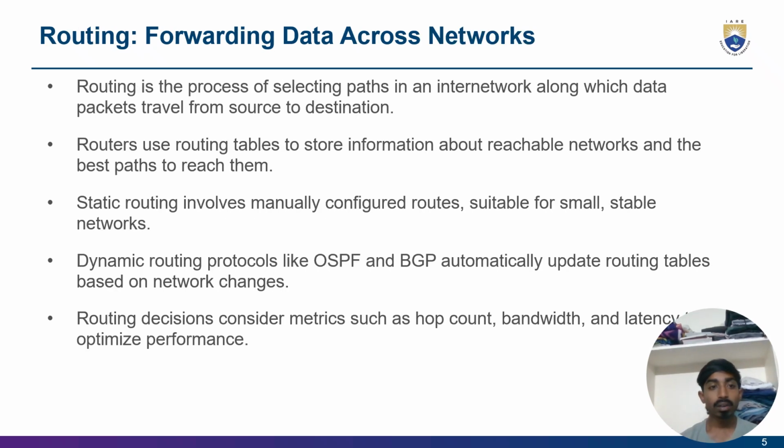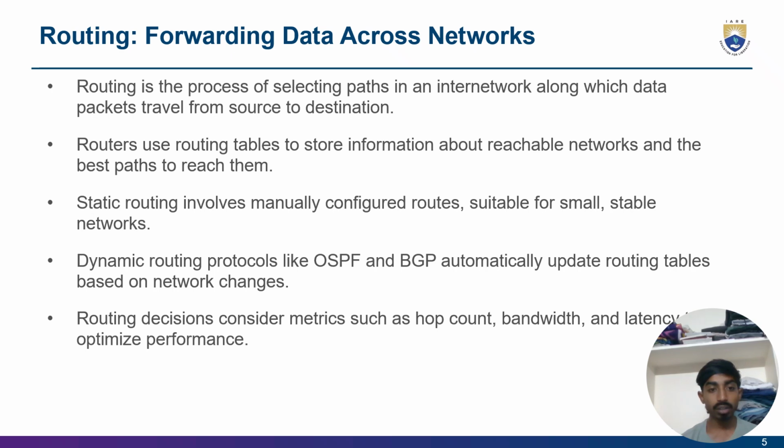Next, routing: forwarding data across networks. Routing is the process of selecting a path in an internetwork along which data packets travel from source to destination. Routers use routing tables to store information about reachable networks and the best path to reach them.